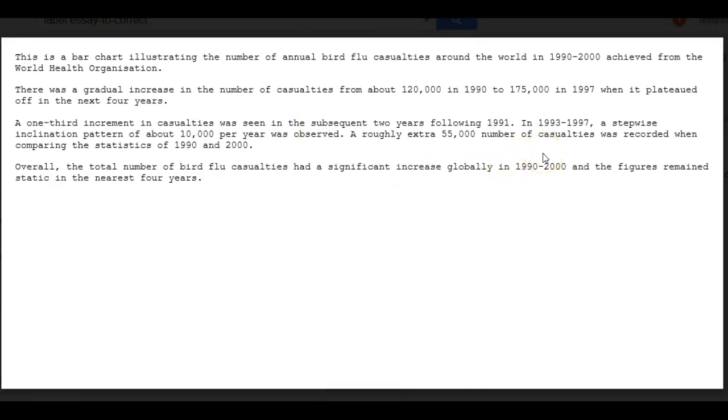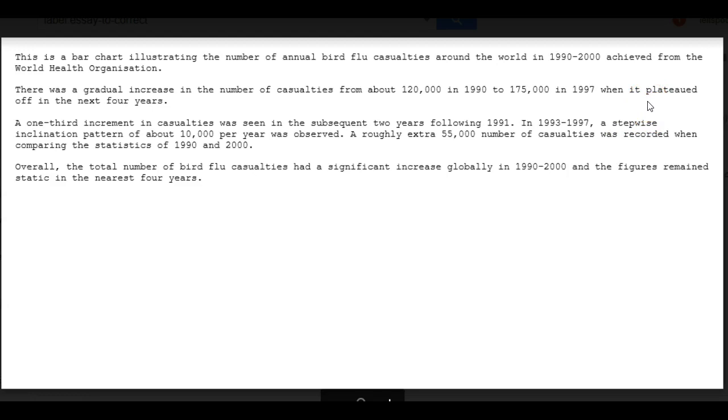In 1993 to 1997, a stepwise inclination pattern of about 10,000 per year was observed. Okay, I like this part of the sentence, but again, I have a little issue with this expression here. You know, there's some standard vocabulary that we use for task 1.